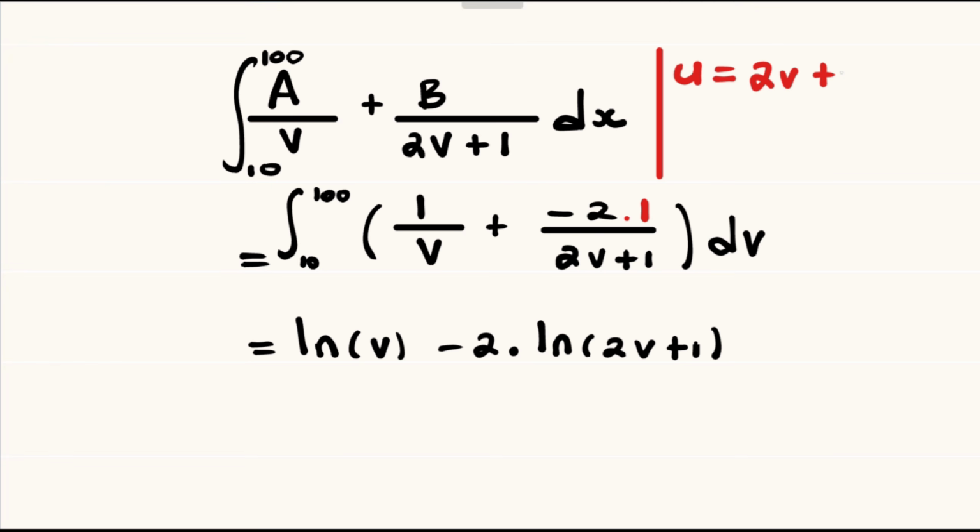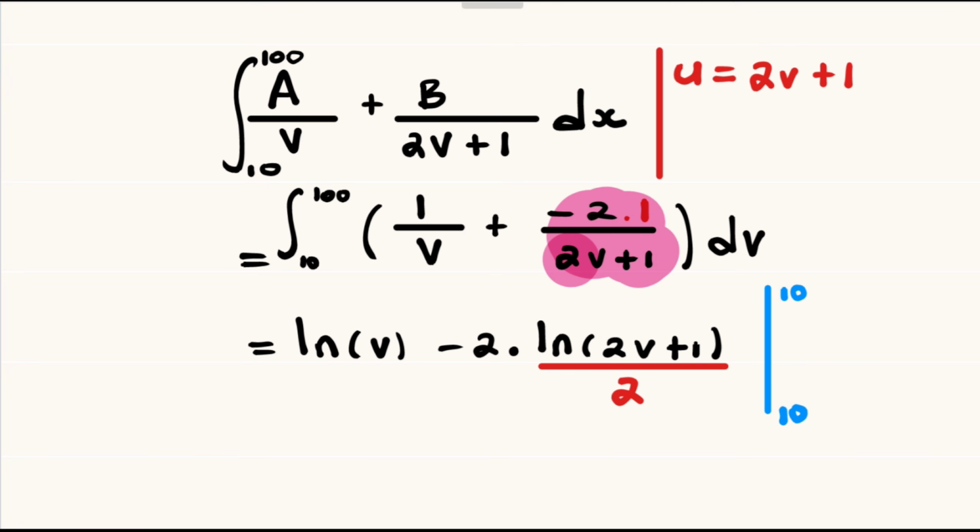The reason I suggest this is because we will forget that 2. When we differentiate, the derivative of the 2v is 2. We multiply when we differentiate, but when we integrate, we divide by that 2. When we use the u sub method, we won't forget to divide by that 2. The u sub method will only be used to solve this part of the integral. So we have our integral, our limit as 10 to 100.